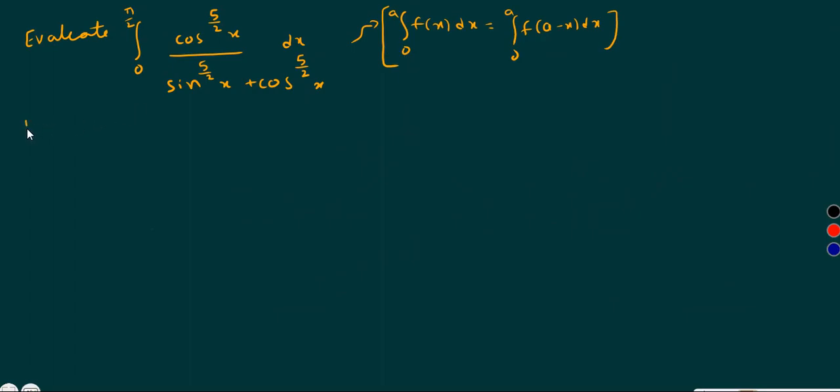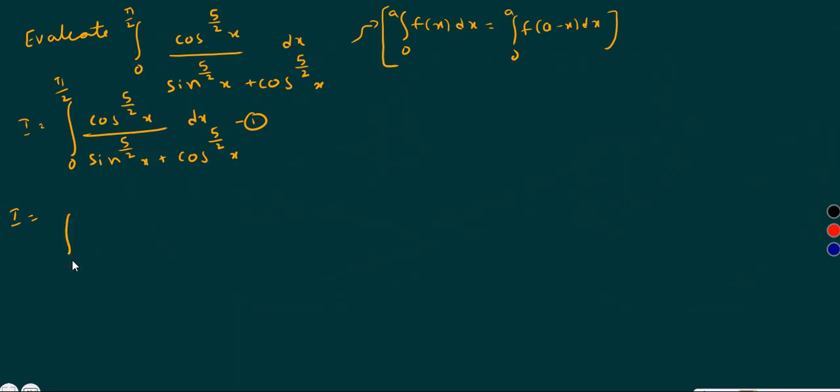Okay, now see, first given I equals the integration from 0 to pi by 2 of cos power pi by 2 x by sin power pi by 2 x plus cos power pi by 2 x dx. Now I equals this, assuming equation number 1.